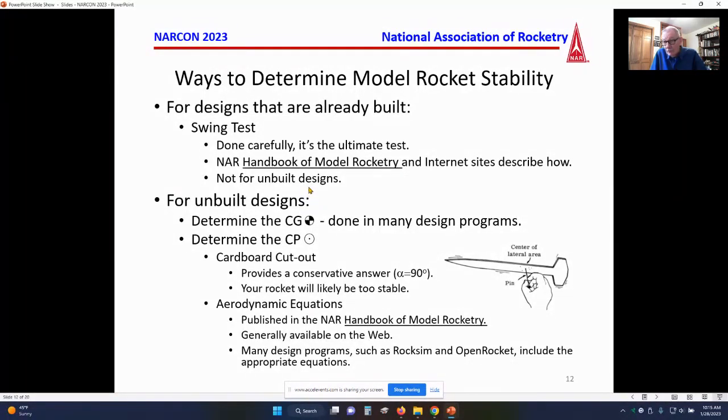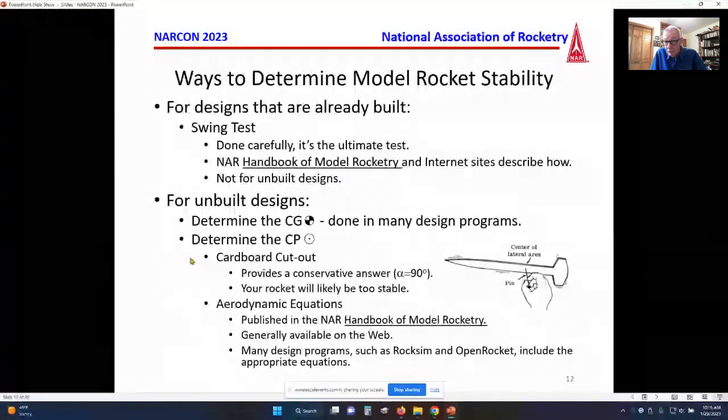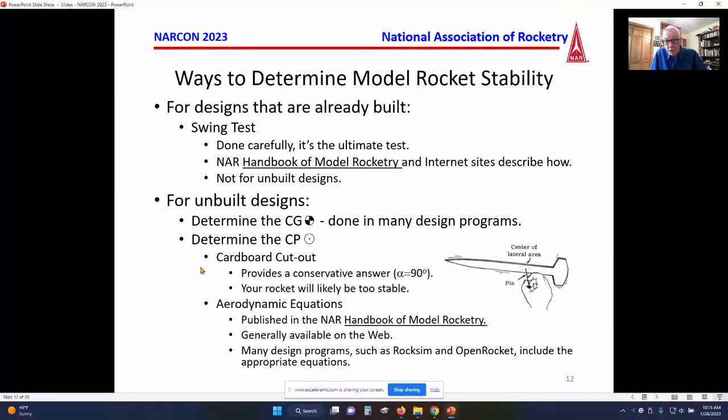That would give you a crude center of pressure. That was used for many years before we had aerodynamic equations that we could use to get the center of pressure.